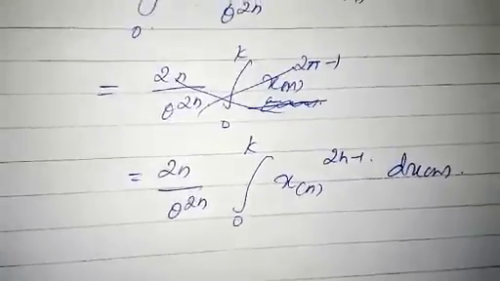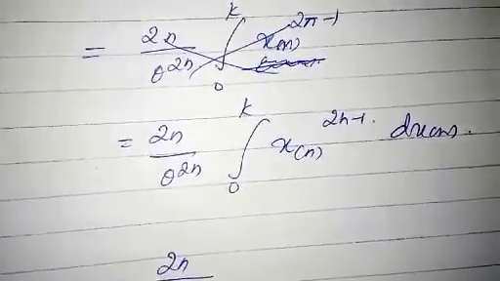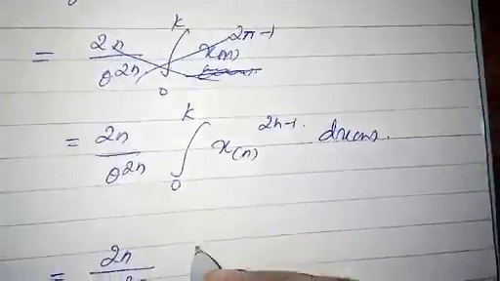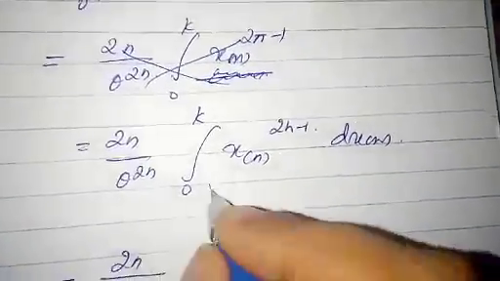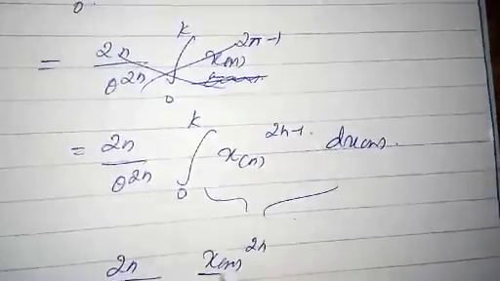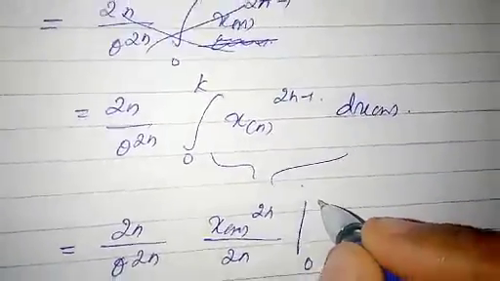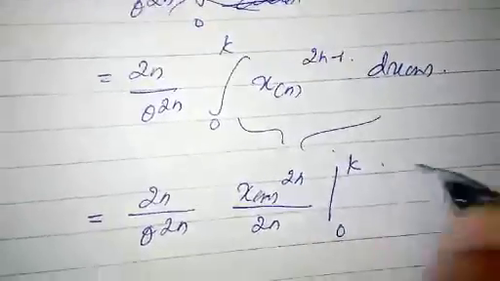So it is equal to 2n divided by theta power 2n, and the integral of xn power 2n minus 1 is xn power 2n divided by 2n, range 0 to k, right?